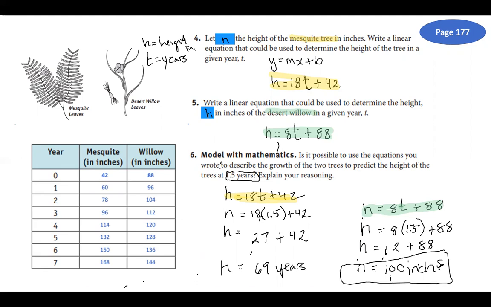Let's get an eraser. Oops. There we go. It should be in inches. Inches. So 69 inches and 100 inches. That is our prediction.